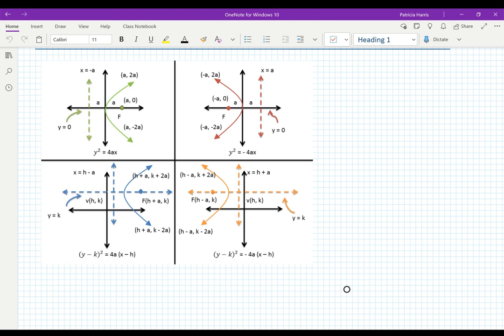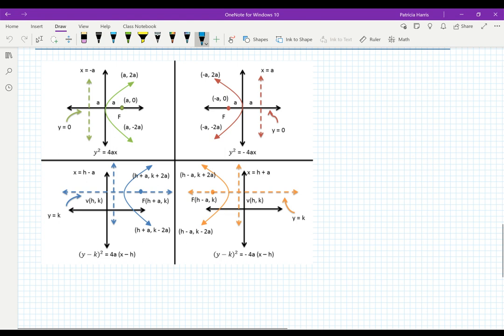Okay, so you can see from the graphic that the top two open from left to right, and their vertex is at 0, 0. So this makes life a little bit more interesting, okay?